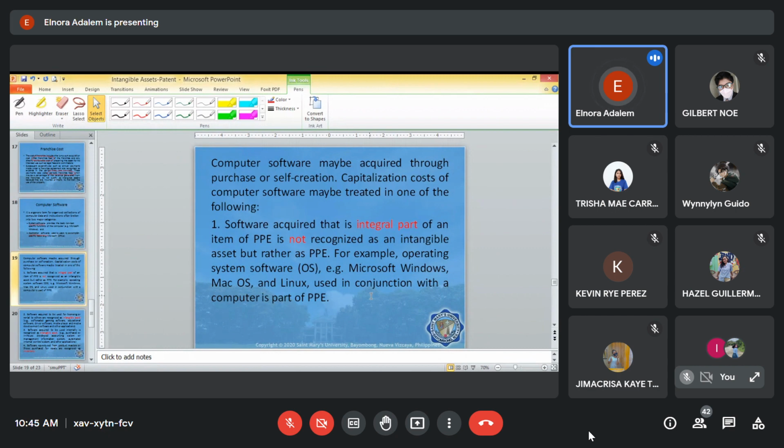Now for the cost of computer software, there are two ways of acquiring it: through purchase or self-creation. If the software is acquired and it is an integral part of the PPE acquired, it is not recognized as an intangible asset, but it will be PPE. For example, operating system software such as Microsoft Windows, Mac OS, or Linux used in conjunction with the computer is part of PPE.